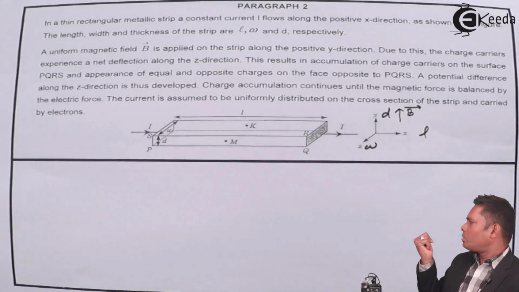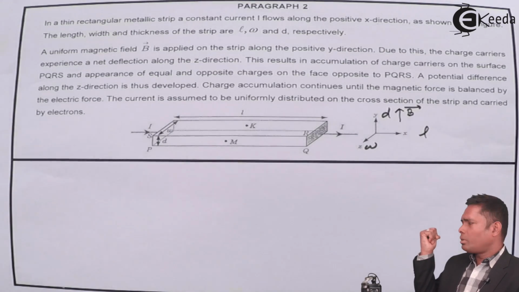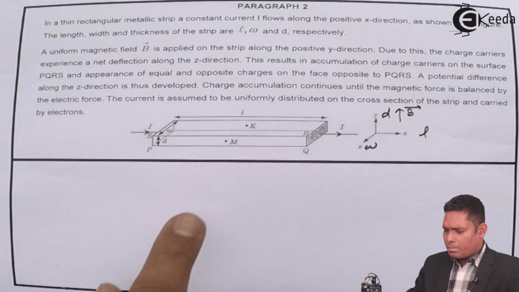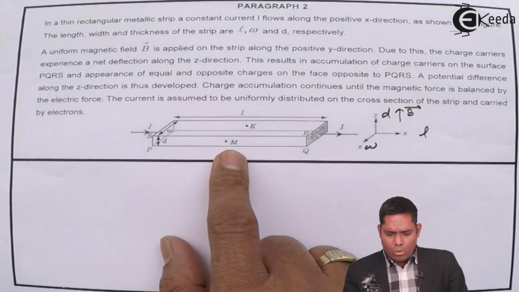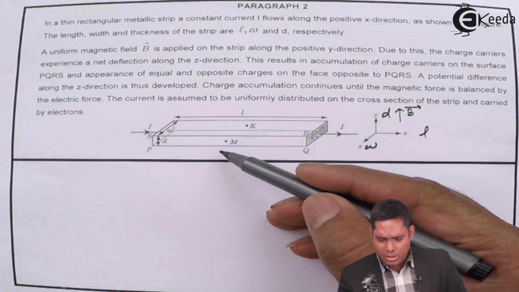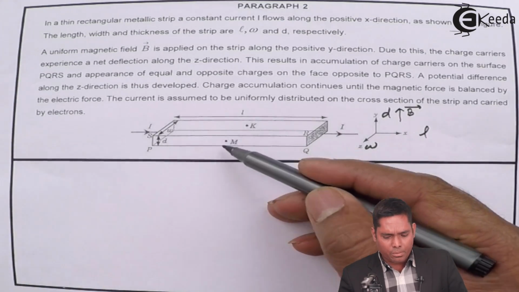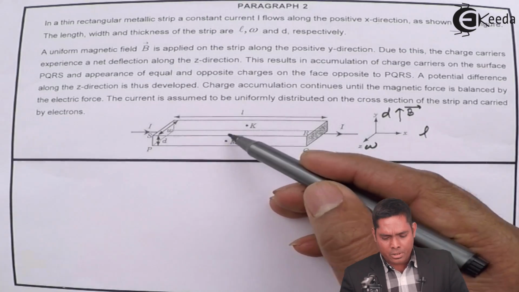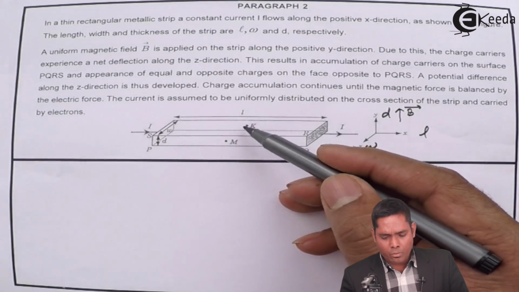So this is the direction of the force, towards the M side. The positive charge will move towards the M side. Because of this, M will be at higher potential and K will be at lower potential.